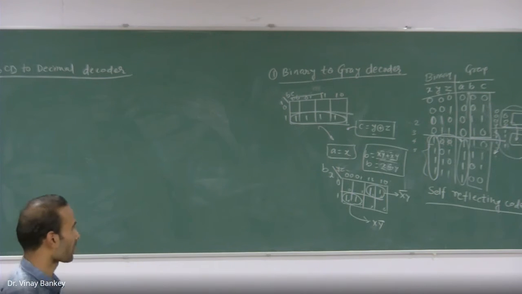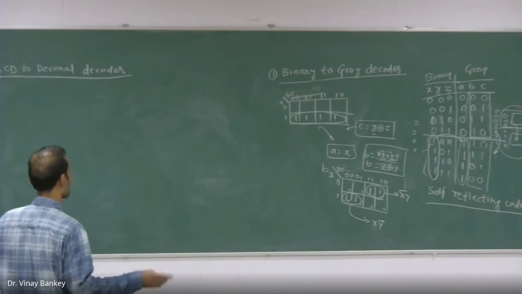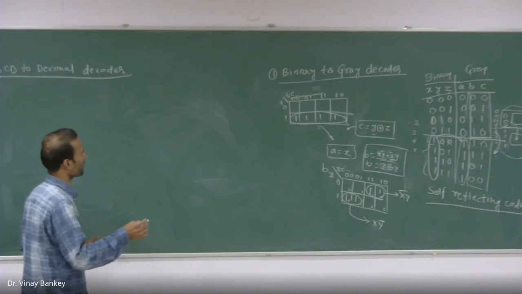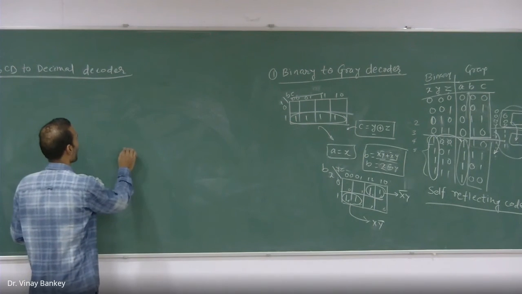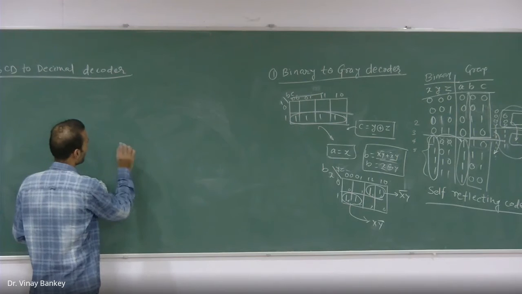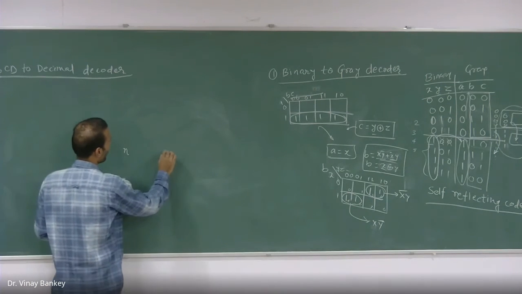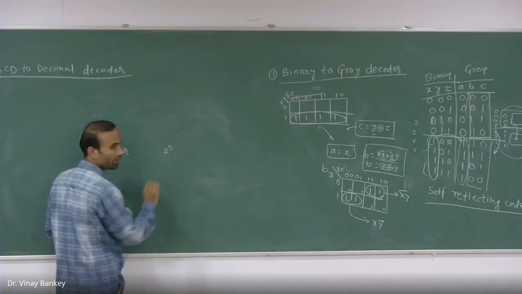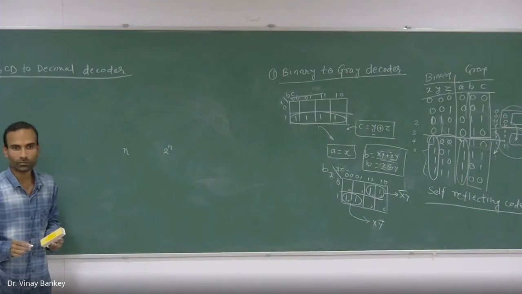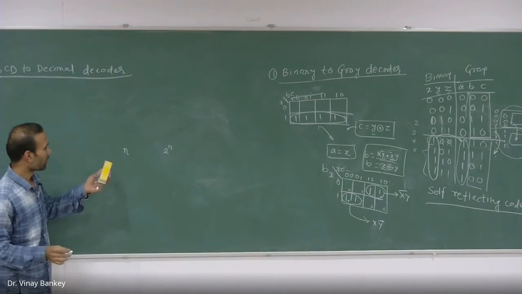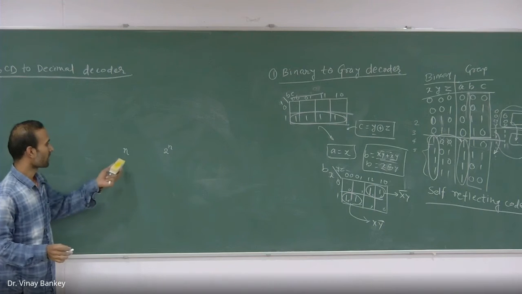But when the decoder comes into the picture, you are correct that if inputs are n, the output will be 2 to the power n, because all the available ICs are in this form.